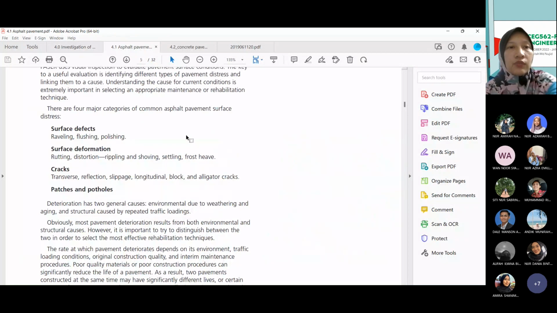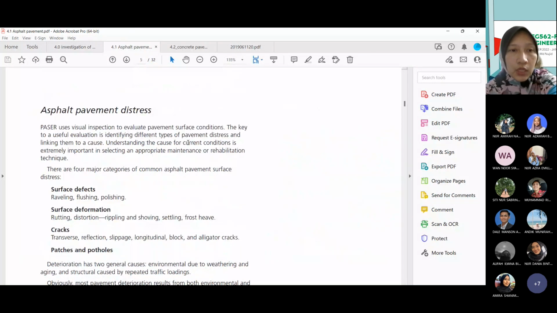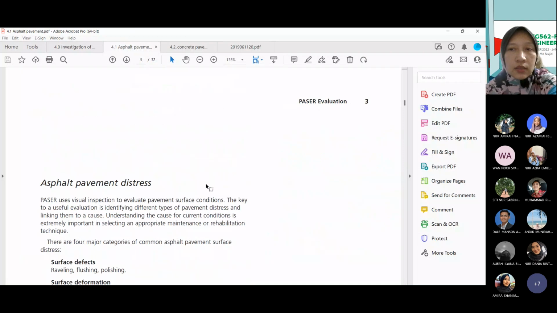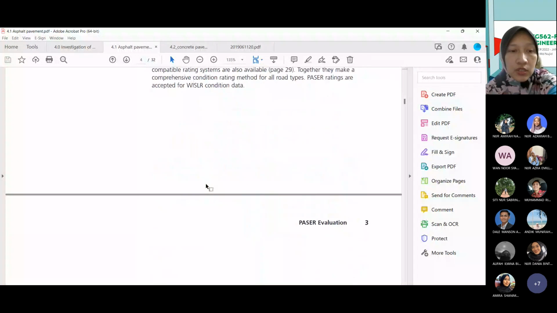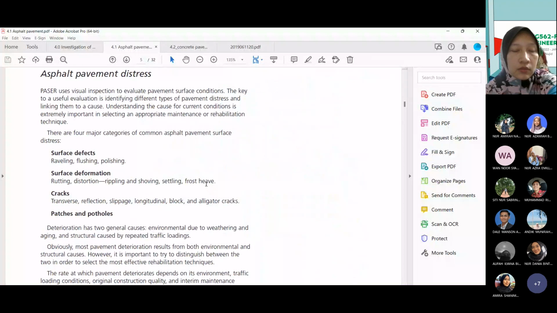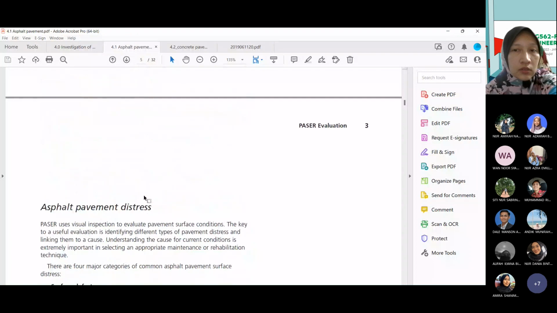For example, this asphalt pavement manual presents the asphalt pavement surface distress, such as surface defects, surface deformations, cracks, patches, and potholes. And inside this manual also, all those defects or distress are categorized into levels.